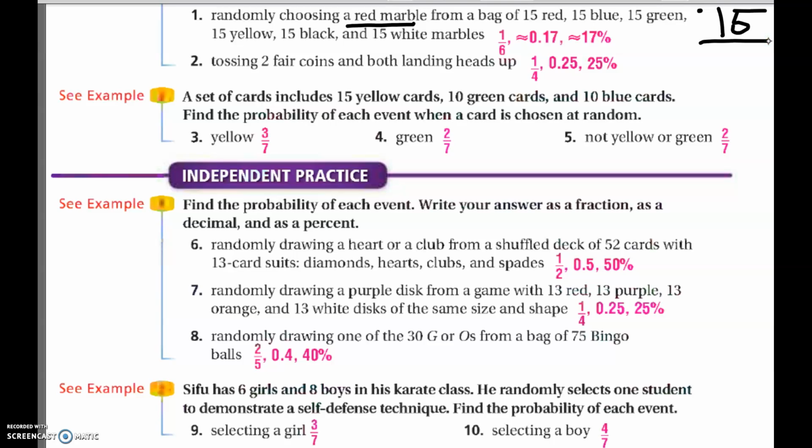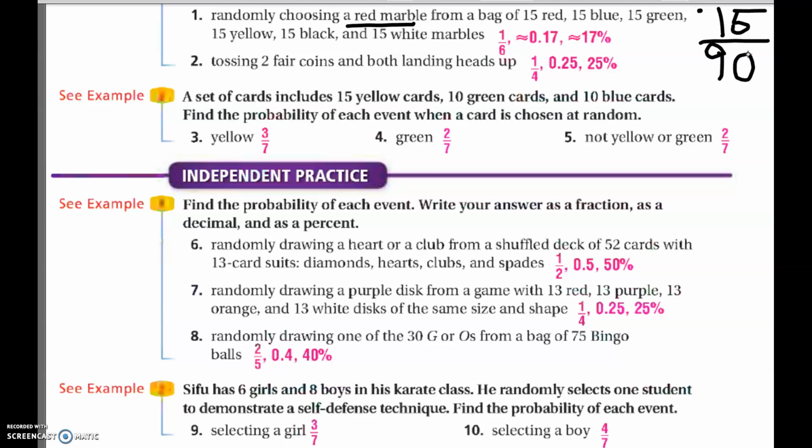So you just add together 15 plus 15 plus 15, etc. That was 90 total. So if you got 15 out of 90, you just need to reduce it. Put that in your calculator as a fraction, and 15 over 90 is 1/6. Then you divide the top by the bottom, and that's how you get 0.17, which they rounded, and then times 100 is 17%.